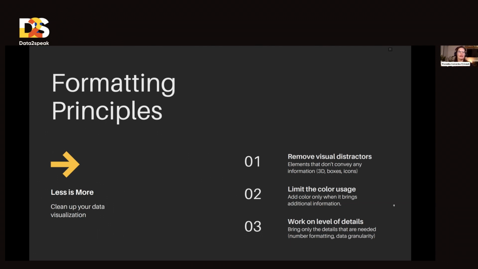So less is more. We should just remove any visual distractors, which means definitely 3D effects, boxes, icons, stuff like this. Edward Tufte called them chart junk, and this is something that is not encoding the data. So they are not conveying any information, they should be just removed.